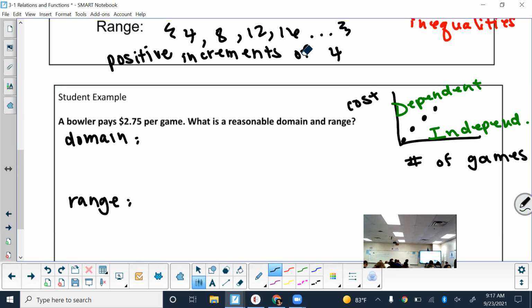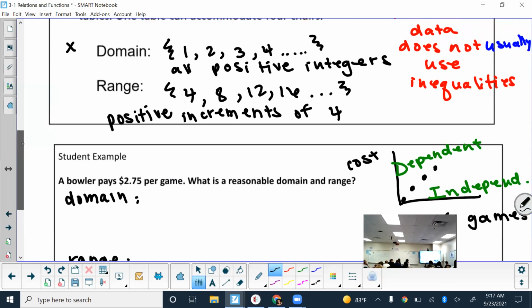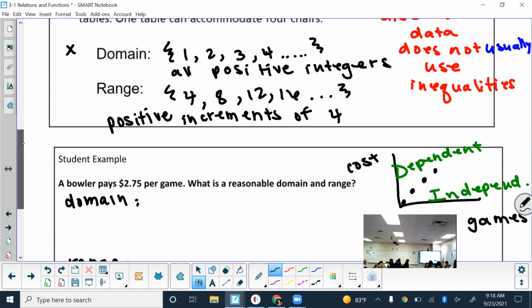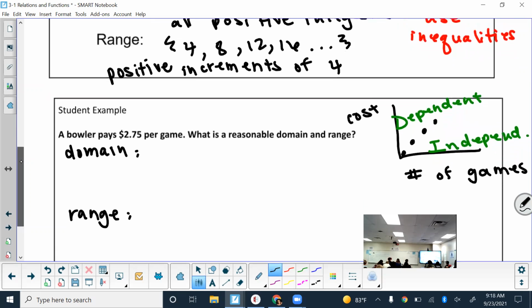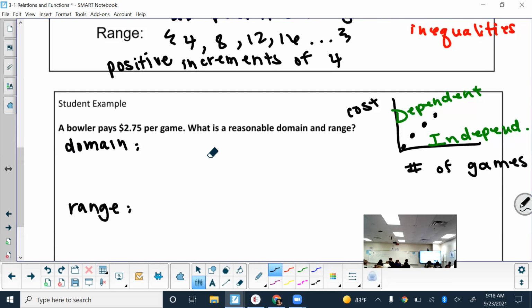All right, now the domain. I don't think it's a rule that discrete data doesn't use inequalities, because I'm looking at your text and it's discrete data, but it's in an inequality. So I don't think it's a rule, because they don't usually write it like that. But the domain for number of games, what's a reasonable domain? 1.